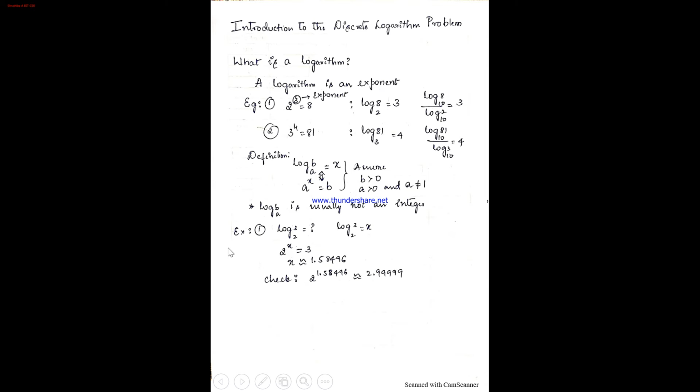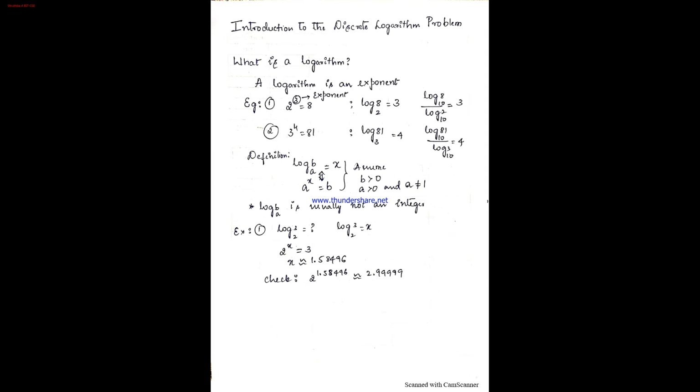Most of the time we don't get whole numbers like 3 and 4. Just for making you understand the concept of logarithm, I have taken this example. Usually it will end up with decimal values like 0.236, 0.238, 1.023.